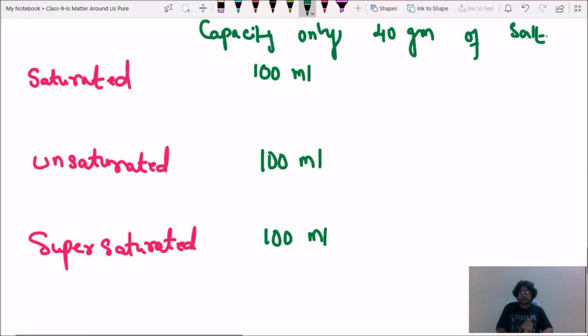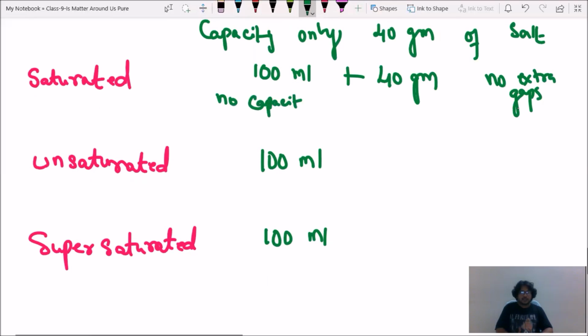Let us consider, this is just an example. Now you are adding exactly 40 grams of sugar. So the total amount will be dissolved in it and there will be no extra gaps. There will be no extra capacity for this water to dissolve more content. Now this is saturated. Now it is exact.